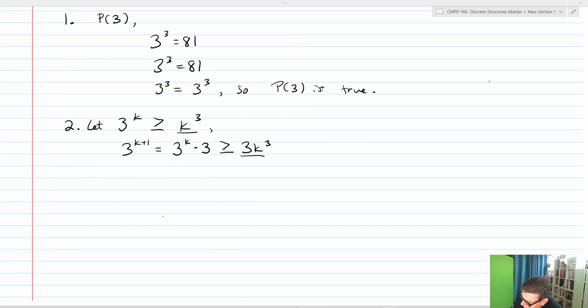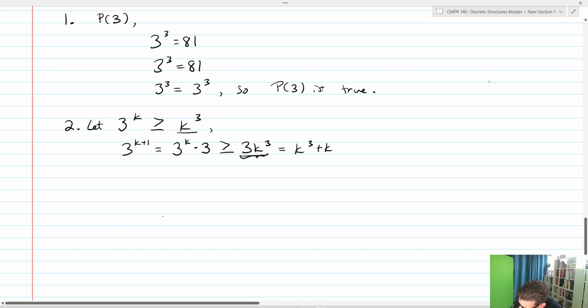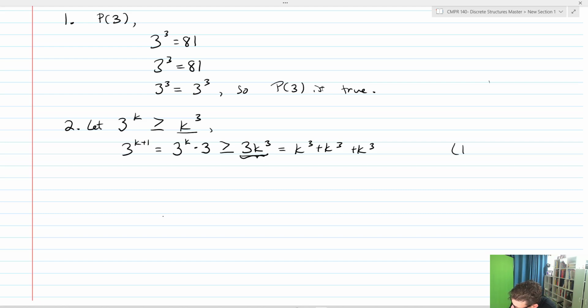Now I've got 3k cubed, and this is going to equal k cubed plus k cubed plus k cubed. There's a reason I'm doing this: I want to prove that this is greater than k plus 1 cubed, which is equal to k cubed plus 3k squared plus 3k plus 1.